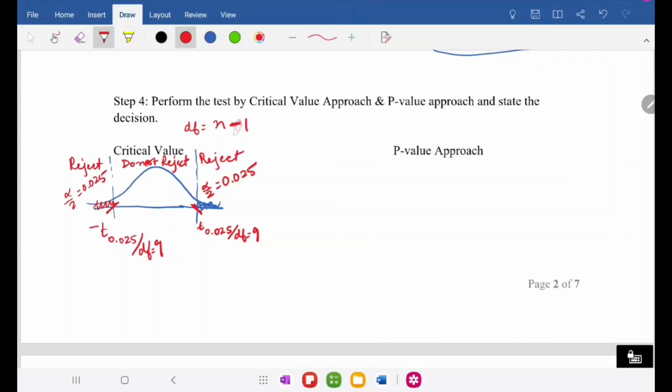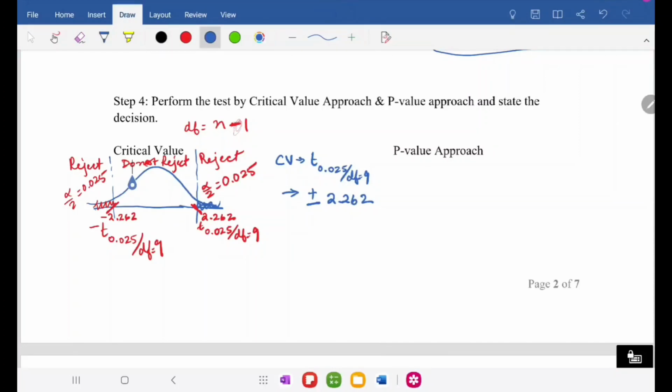So the CV is going to be negative 2.262 and positive 2.262 on the right-hand side. So let's write that down. The critical value CV of t of 0.025 with df equals 9 is plus minus 2.262.